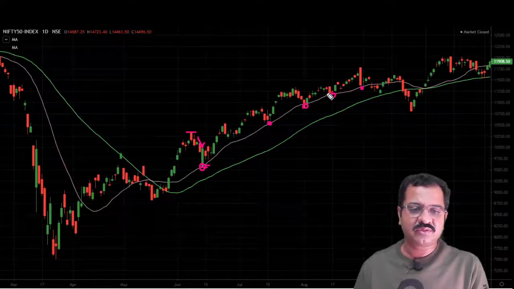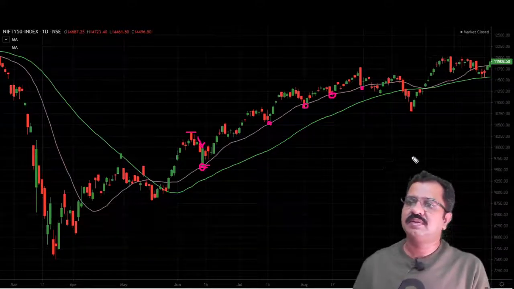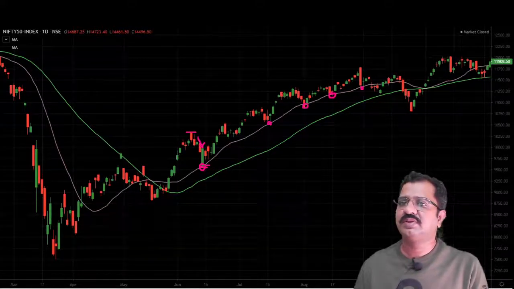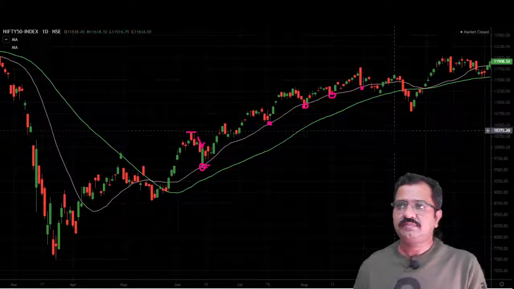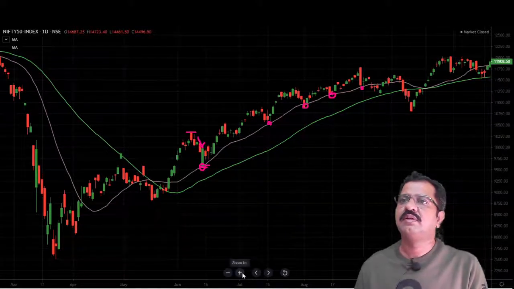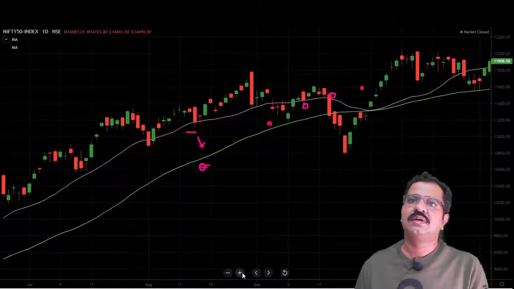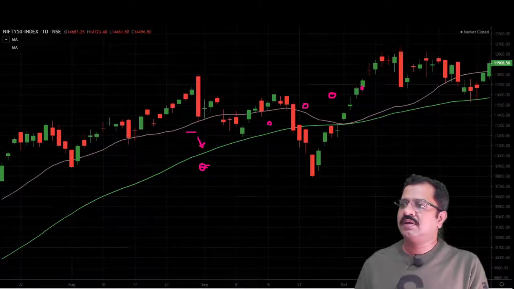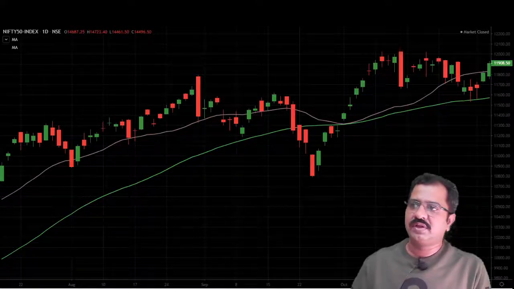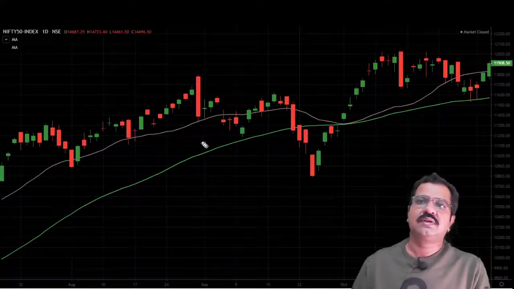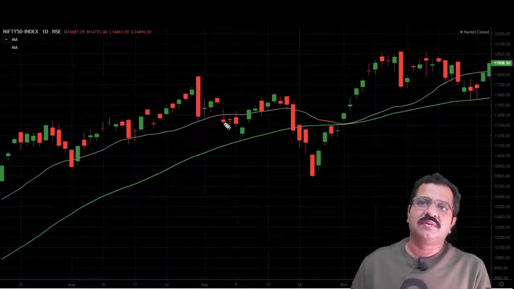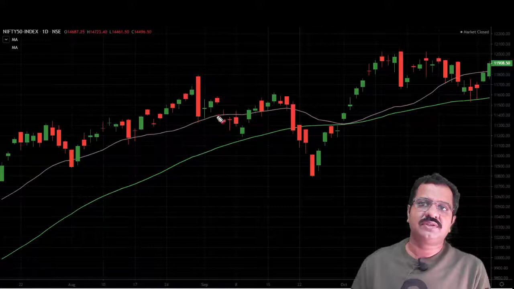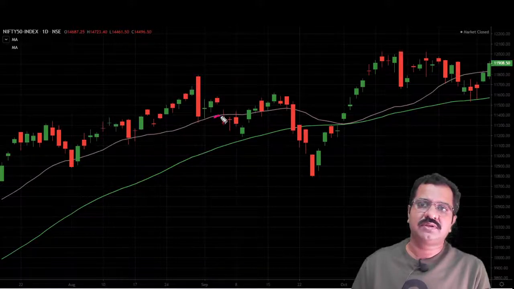So here what we are doing, like what happened in this region, one second, like here, okay, what happened here is, say a candle closed below the 20 moving average, this is the 20 moving average, and this close is below the 20 moving average.